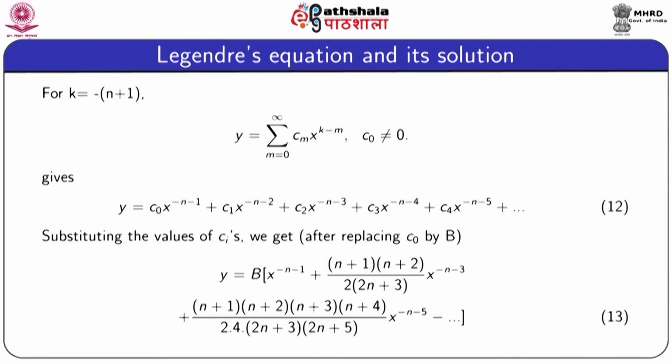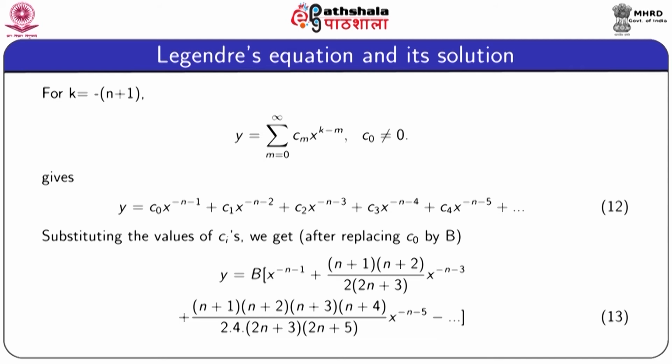Now, for k equal to minus of (n plus 1), we look into the infinite series y equal to summation m equal to 0 to infinity C m x to the power k minus m when C0 not equal to 0. When you expand this, it is going to give an expression like this given in 12, that is y equal to C0 x to the power minus n minus 1 plus C1 x to the power minus n minus 2 plus C2 x to the power minus n minus 3 and so on.